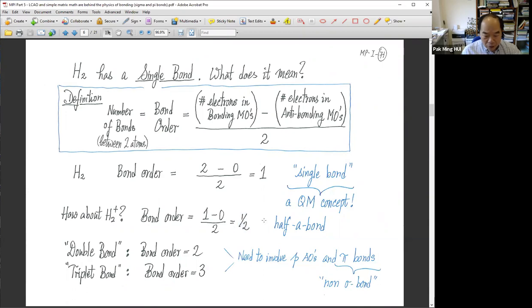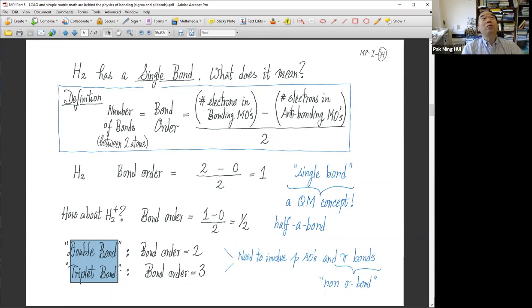And you must have heard, beyond single bond, there are things called double bond or triple bond. It means the bond order is 2 and 3 respectively. We will look into how we could have 2 bonds.